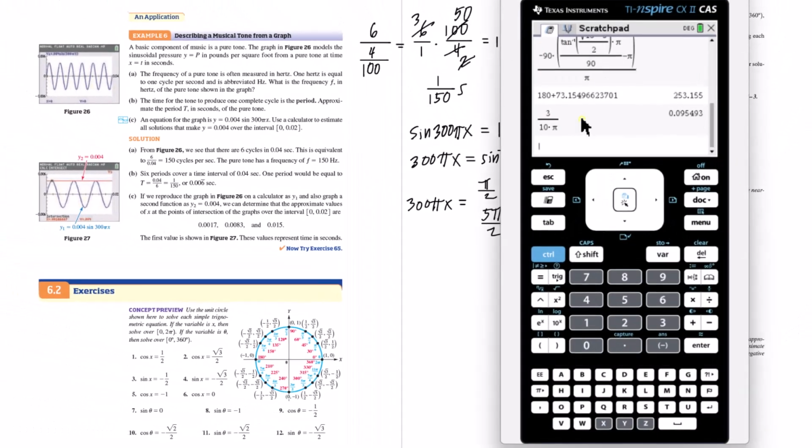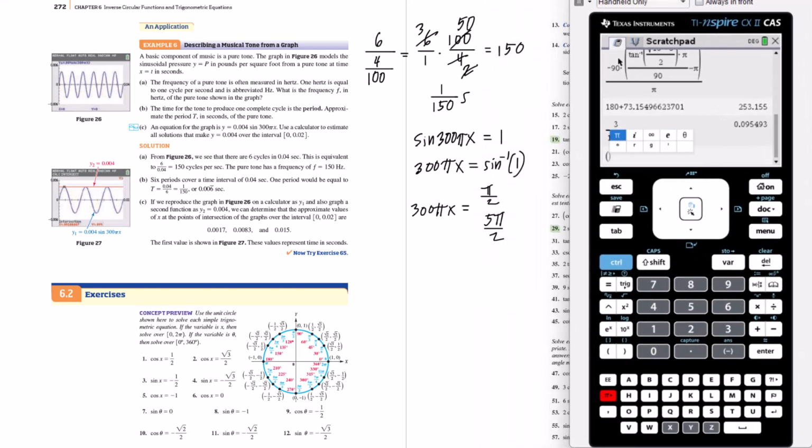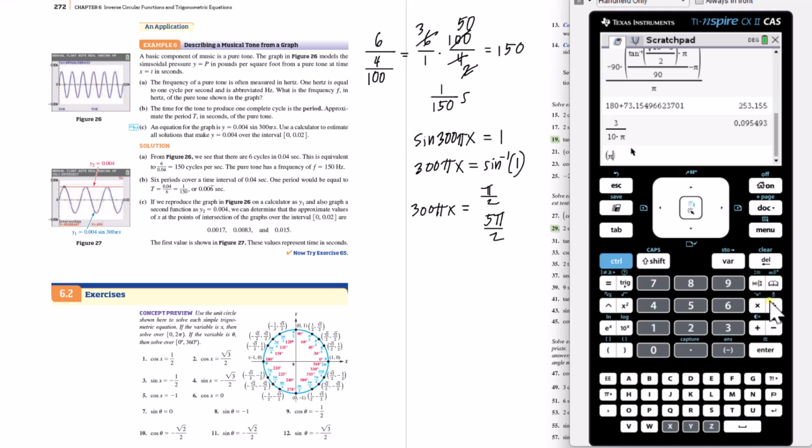We've got pi over 2 divided by 300 times pi, 0.0016... 0.017. There's one answer. But then what about if we do this with 5 pi over 2? That's also an answer. And then we could keep going, and there's going to be actually 3 answers here.